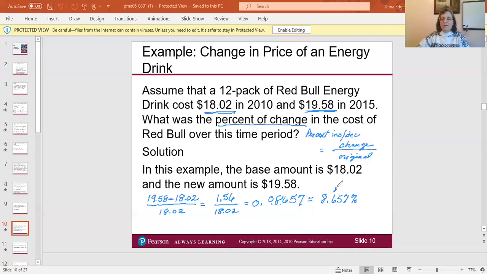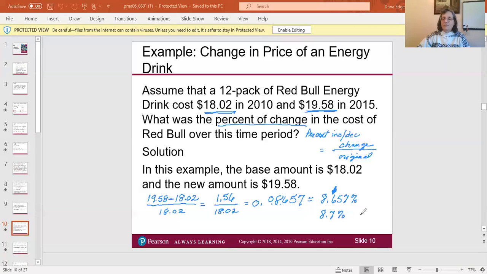If it wants 1, we look at the 1 place, and then to decide whether to go up or leave it, we look at the next place that we're going to drop off. Because the next place is a 5, we're going to go up.